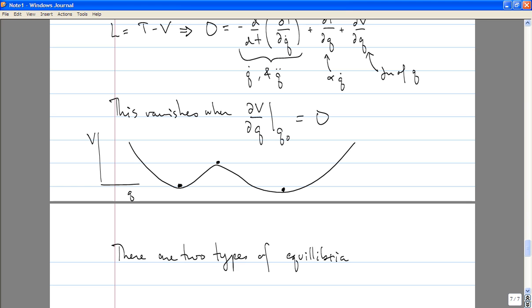And these are known as stable and unstable equilibria. Are there any questions before I continue?